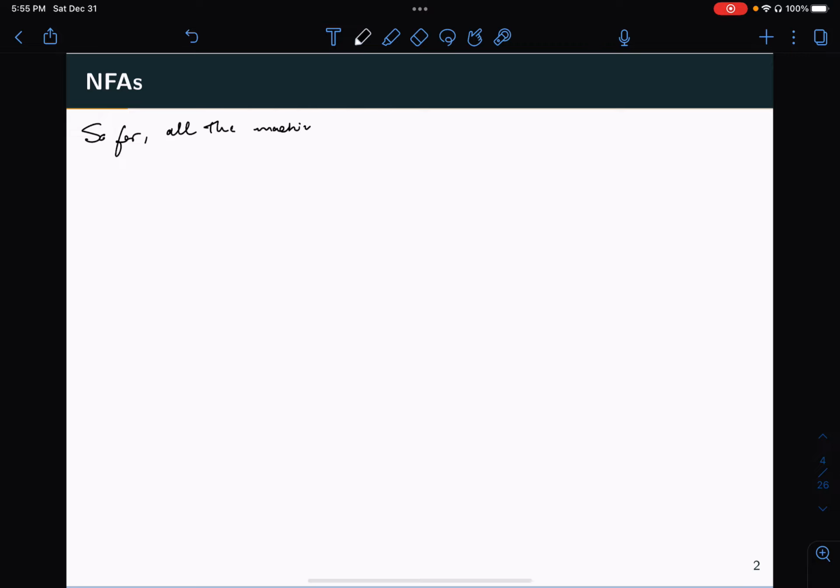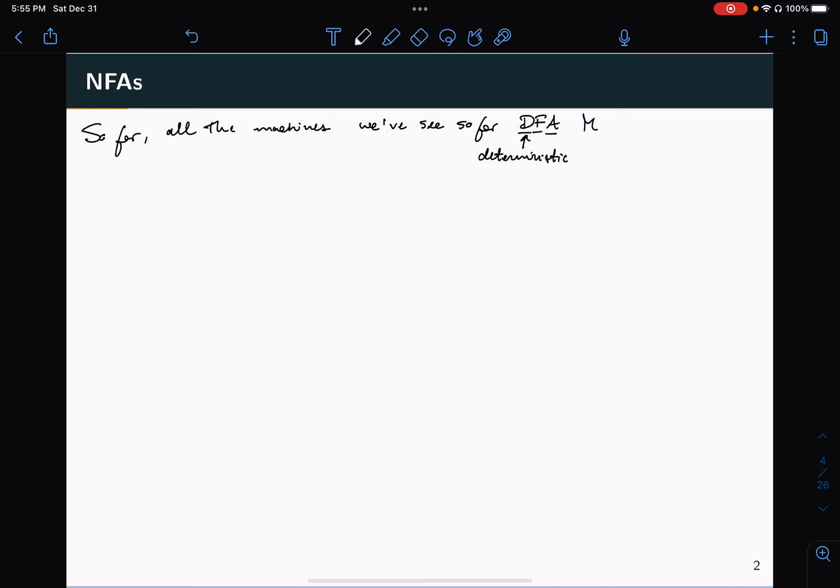Okay, and so you remember that DFAs, or deterministic finite automata, right? The D here stands for deterministic, is a 5-tuple, right?